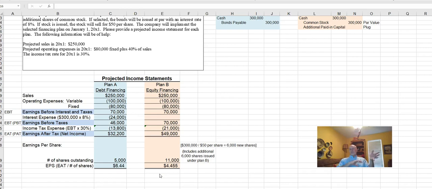If you lose your job, you still have to pay that car note, or you still have to make that mortgage payment. So again, there's all kinds of pros and cons about borrowing money versus issuing stock, and you want to weigh all those factors as you're making that decision.